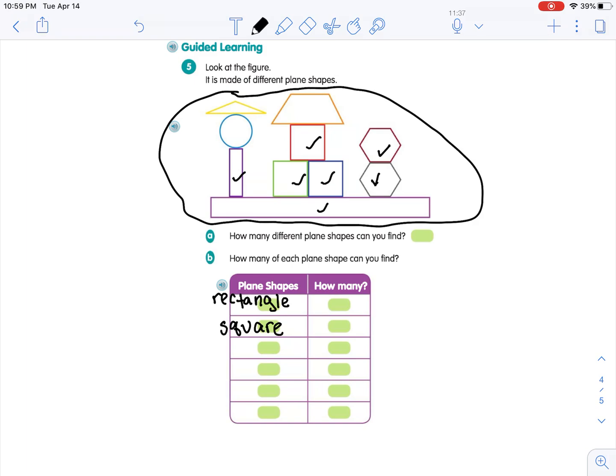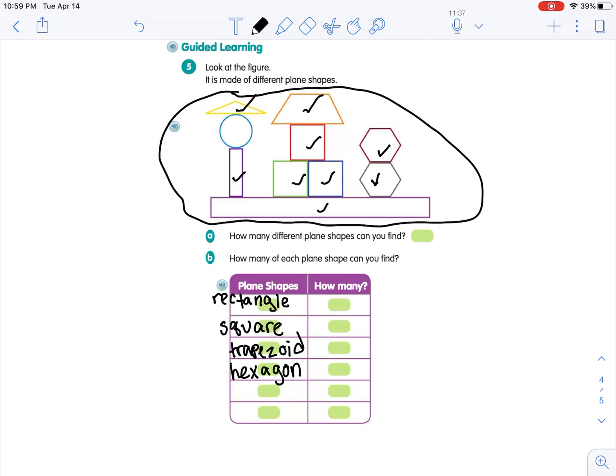Then I see a trapezoid. That's our fourth shape. Let's put that in. Oh, and we need to put in hexagon. And lastly, I see a triangle. Oh, not last. There's one more after this one.